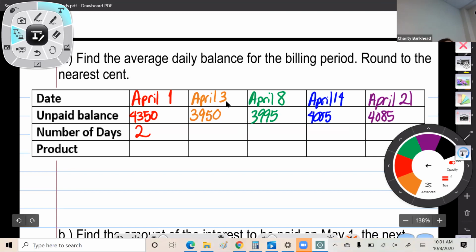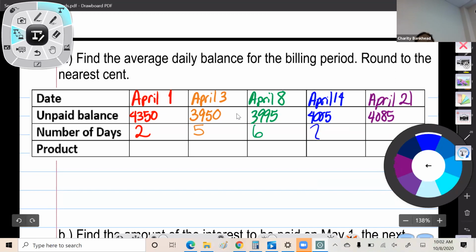Just do 8 minus 3, that's 5. And then 14 minus 8 is 6. So the balance was equal to this amount for 6 days. And 21 minus 14 is 7. So the balance was equal to that amount for 7 days.